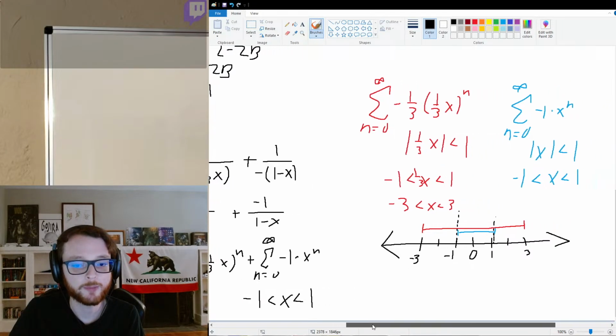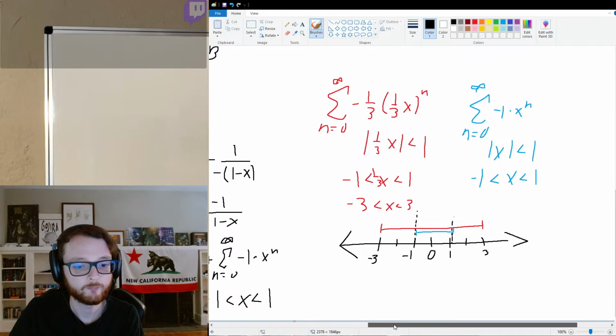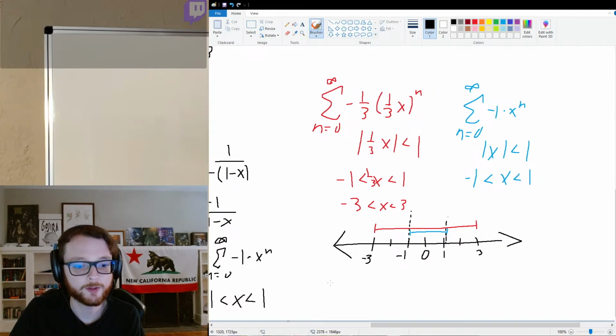And the overlap piece is important because in theory, you can have two series summed together where one is like this and one is like that, in which case you still take the overlap.